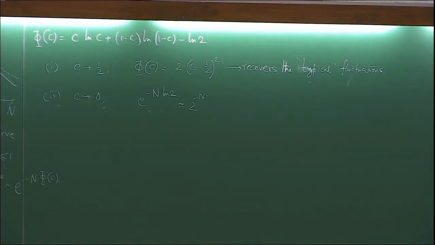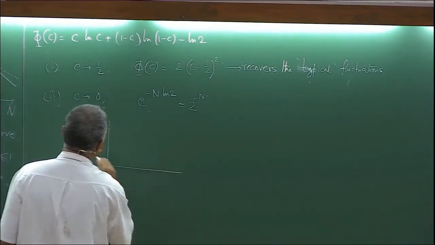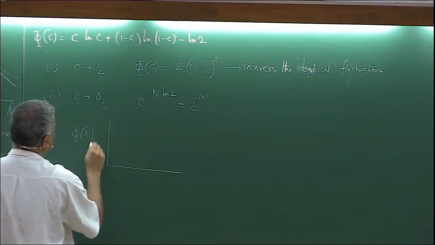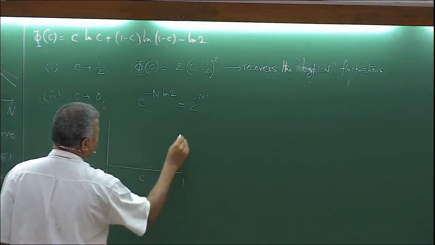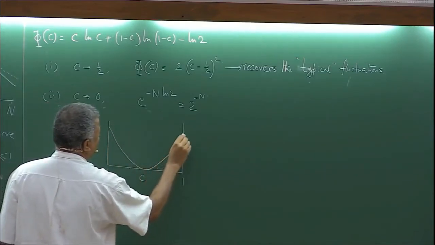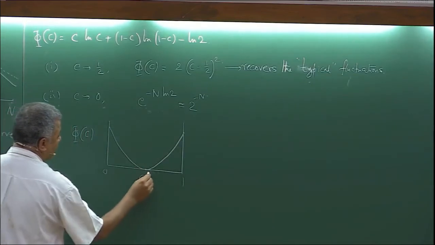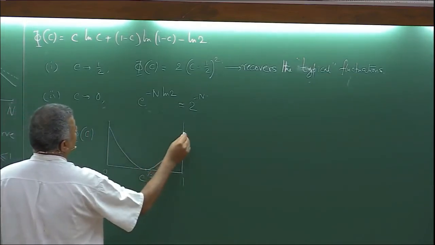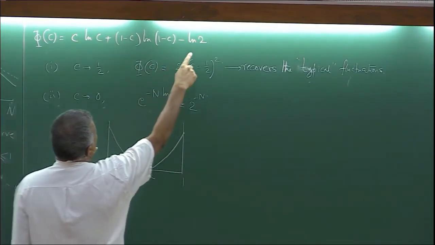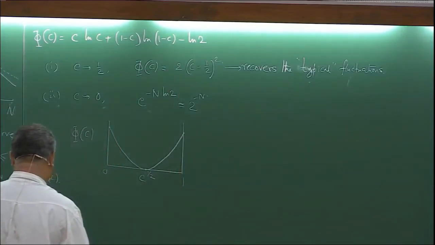But one thing that we see from this simple exercise is that if you plot this function phi of c versus c, it's a smooth function with a quadratic parabola here around c equal to half, and it approaches this number, this is plus log 2.